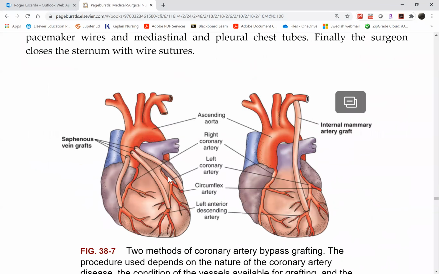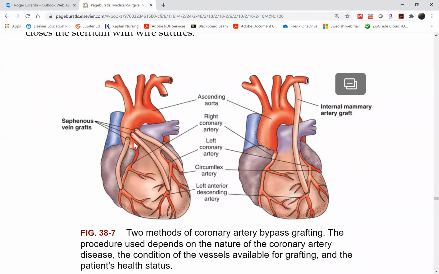Unlike vein grafts, wherein you harvest these vessels from the leg and have two sites of anastomosis, here and here, depending on how many grafts you use, the number of anastomosis sites varies. With this one, you only have one because this is the internal mammary artery branch. It comes off the aorta, and you simply take it out from the breast and put it into the heart. So there are fewer incisions, because these other ones you have to take from the leg.